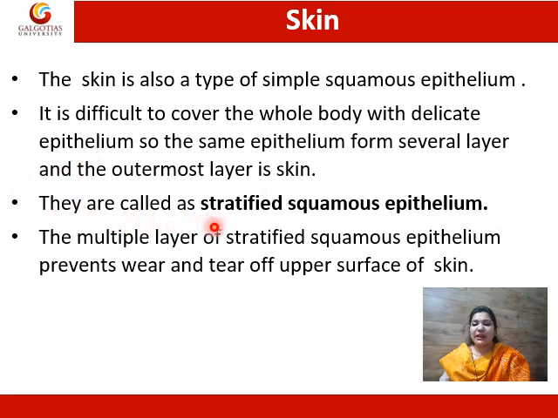The multiple layers of stratified squamous epithelium prevent wear and tear and form the upper surface of the skin. So the skin is also made up of squamous epithelium, and the layer by layer arrangement of these squamous cells is called the stratified squamous epithelium, forming our skin.